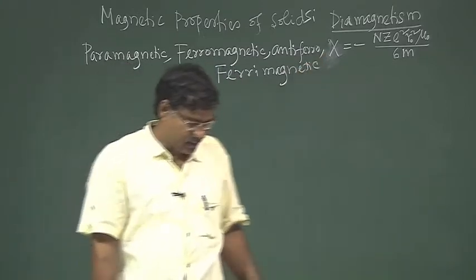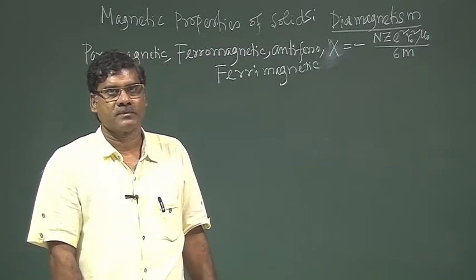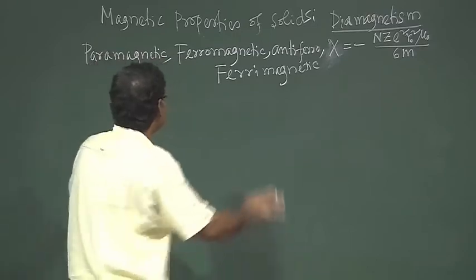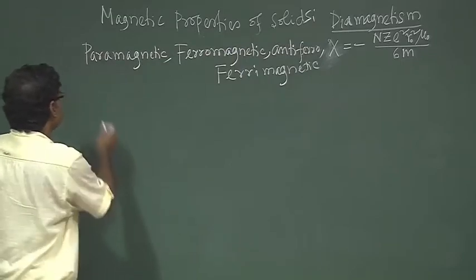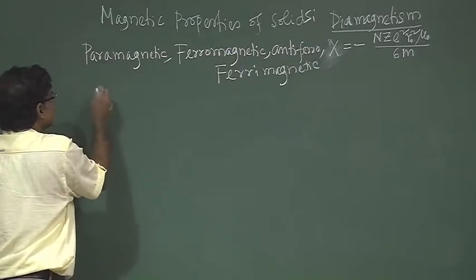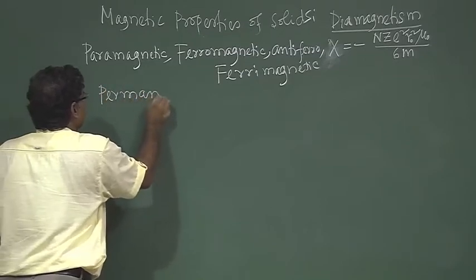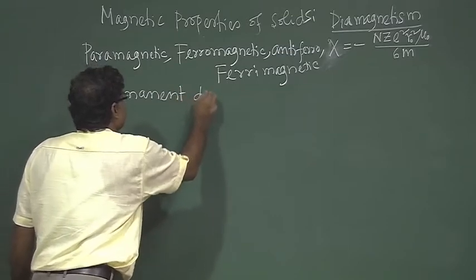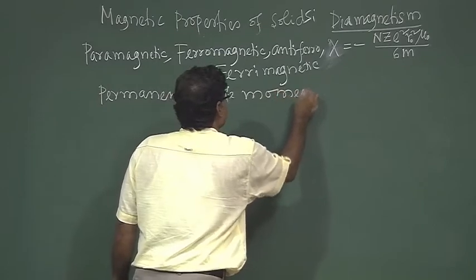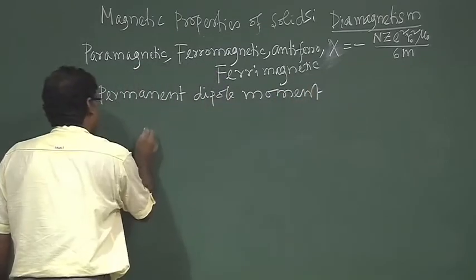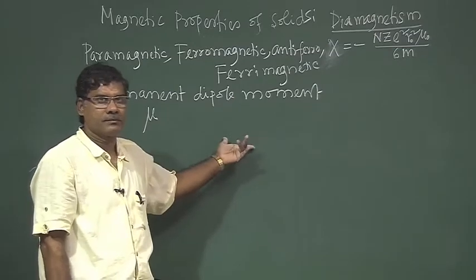These are the types of magnetism in solids, and the origin of this magnetism is the permanent dipole moment, mu.